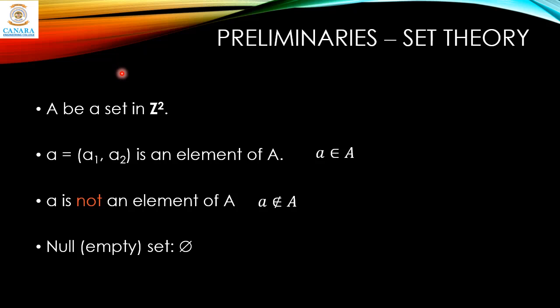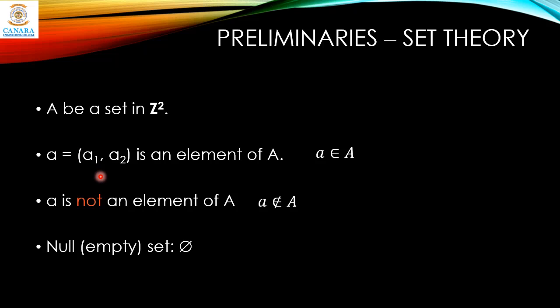So let A be a set in Z square. Here Z square is a Cartesian square of integers, where basically it's a set of all pairs of integers. If it was R, it means real numbers, but we are only talking about integers here.